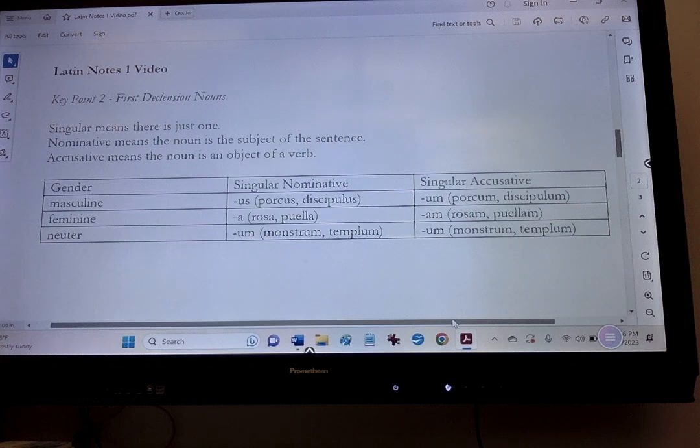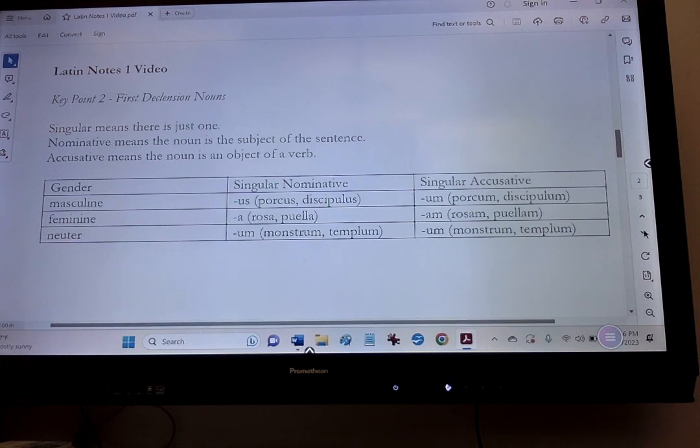Feminine singular nominative ends with a. Feminine singular accusative ends with am. And if it's neuter, they both end with um. There are examples there in parentheses. Please pause the video again. Make sure this makes it into your notes. Thank you.